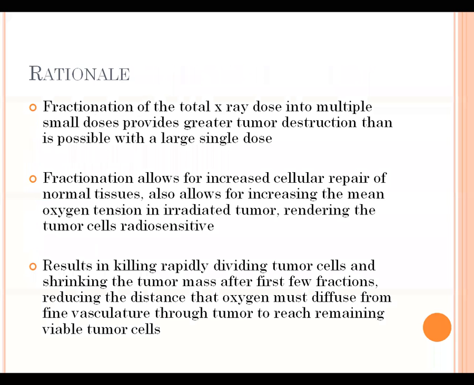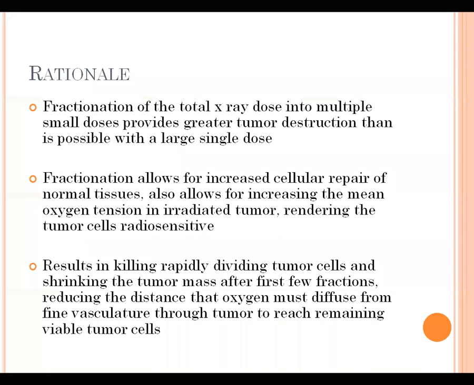First, we will see fractionation of the X-ray total dose. Fractionation of the total dose into multiple small doses reduces the destruction of the cells and increases the repair or healing of the cells.